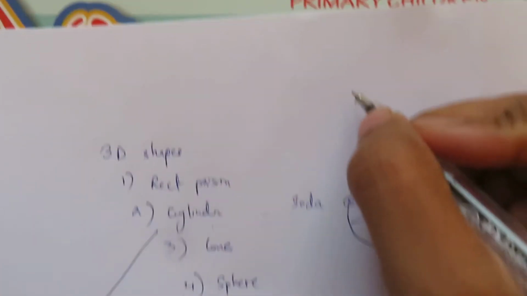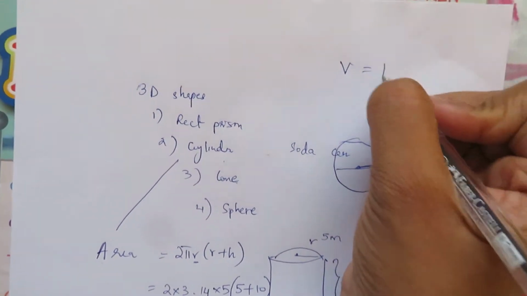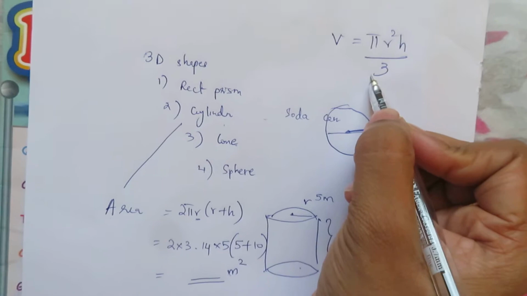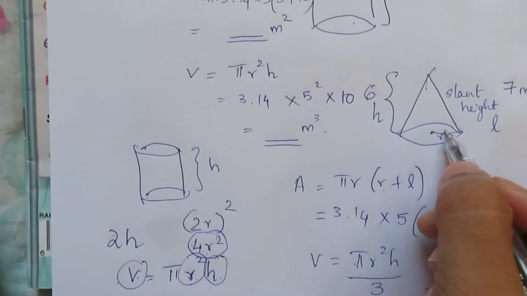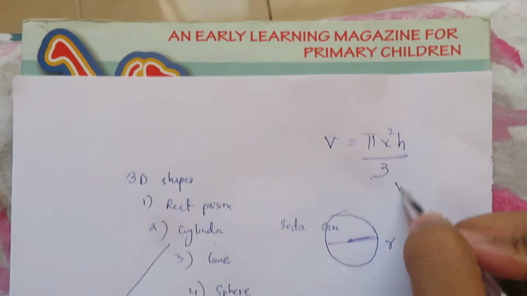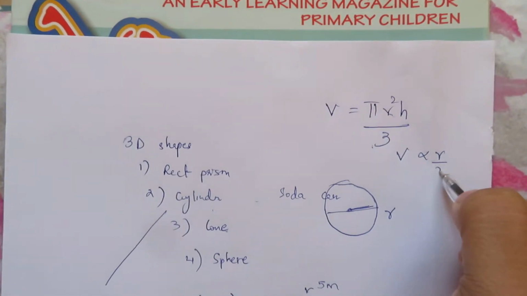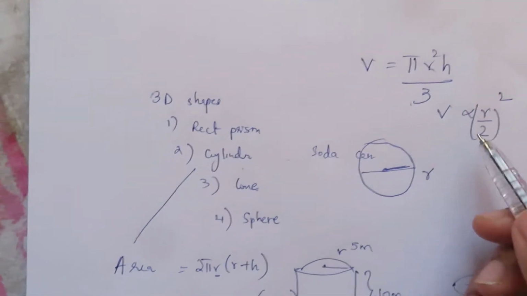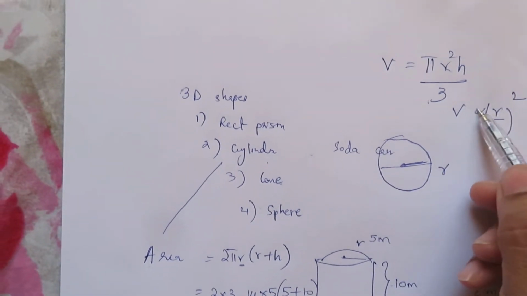Let's see what happens if the radius is halved. Pi r square h by 3. Let's see for a cone. If the radius is halved, this is the radius, I make it as narrow a cone with the radius half. So volume is proportional to r by 2. In place of r I have r by 2 the whole square. Don't be worried about the proportional sign, okay?